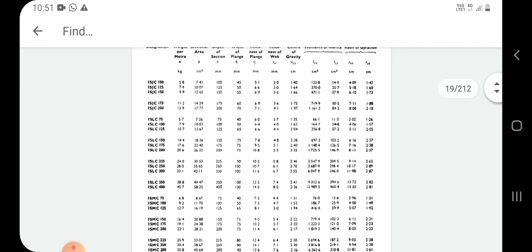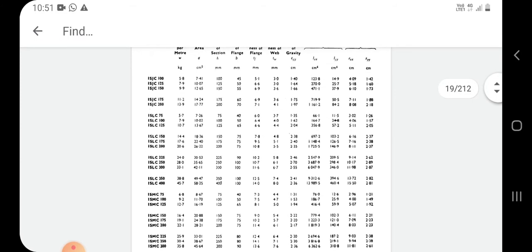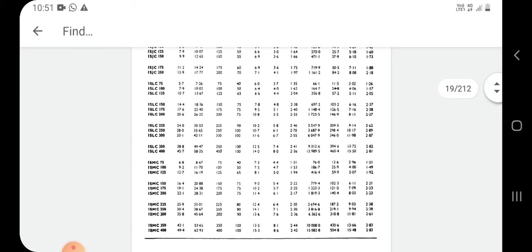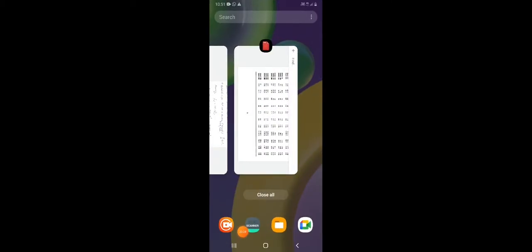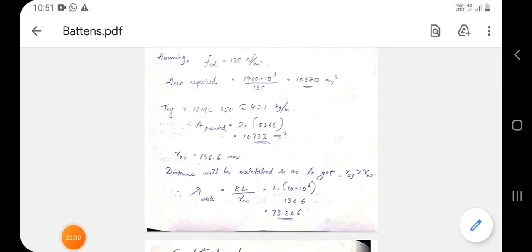Actually the lesser value is ry, but we are choosing the rz value or rx value, 13.66 centimeter or 136.6 millimeter for this built up column.